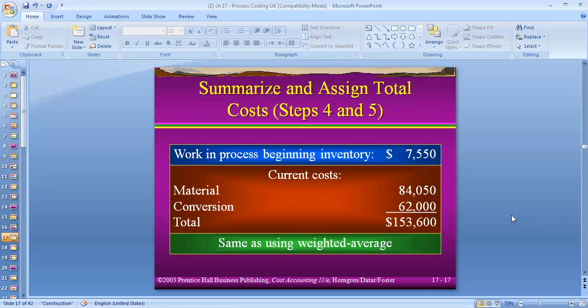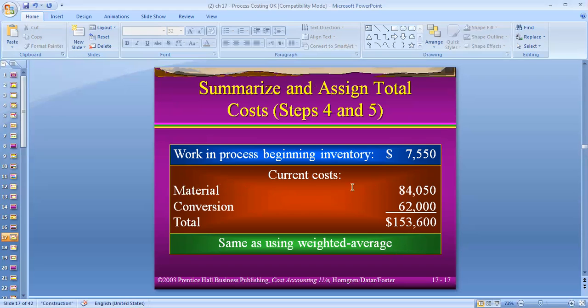Now, steps 4 and 5. Materials, 84,050. Conversion cost, 62,000. This is work in process, 7,550. Material, 84,050. Conversion cost, 62,000. The total, 153,600, the same as using weighted average at the cost we started with.